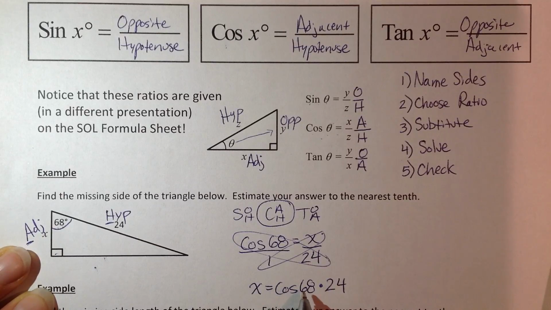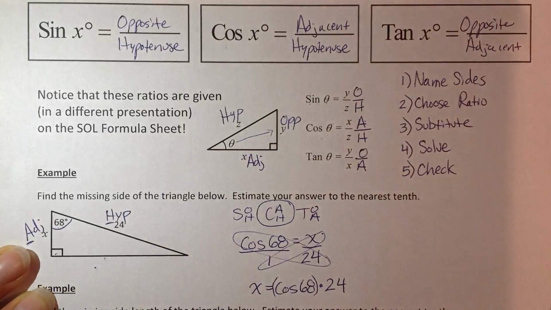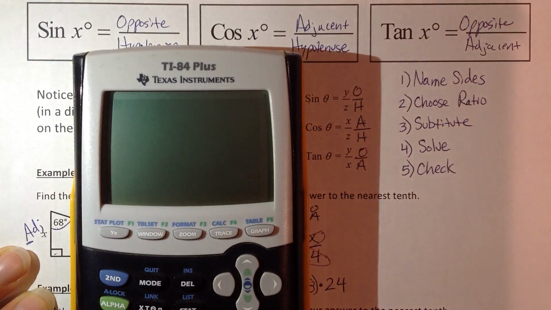So this is not 68 times 24. This is cosine 68 times 24. Cosine 68 is actually a number. Some students like to go right away and find out what that number is. Personally, I just find it easier to do this all in one step. I'm just going to multiply these. Now, if you put 24 first, you're not going to have an issue, but a common mistake is students do this.